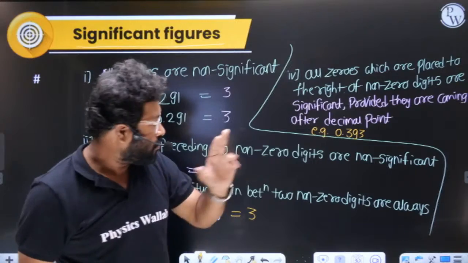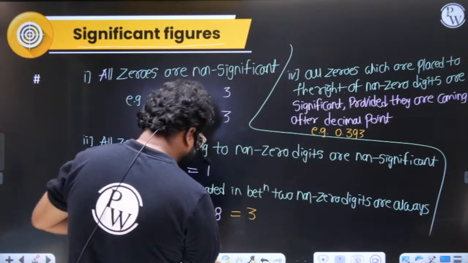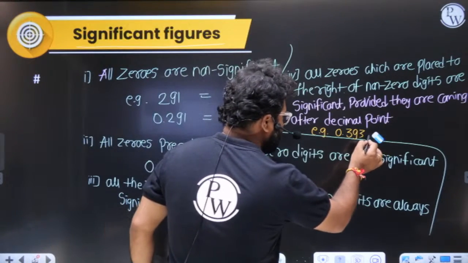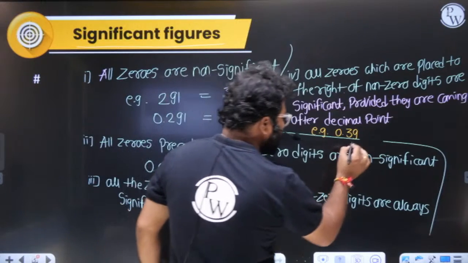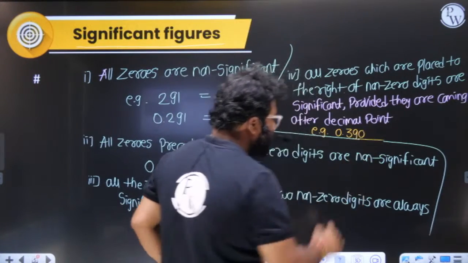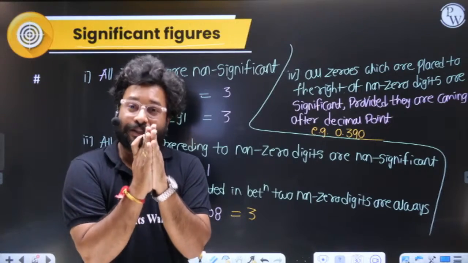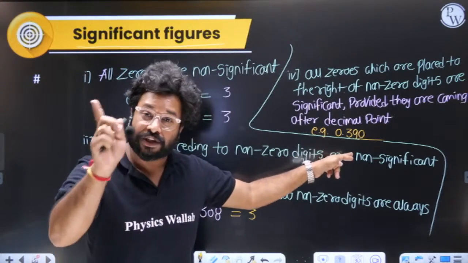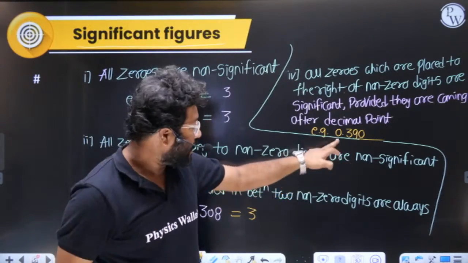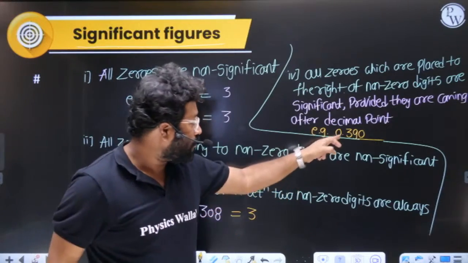So just look at this number 0.393. Now, oh sorry, I did not place 0 here. Sorry, my bad. Suppose we are taking 0.390. Now look at here. This 0 is placed to the right hand side of a non-zero digit firstly. Secondly, it is to the right hand side of a decimal point.